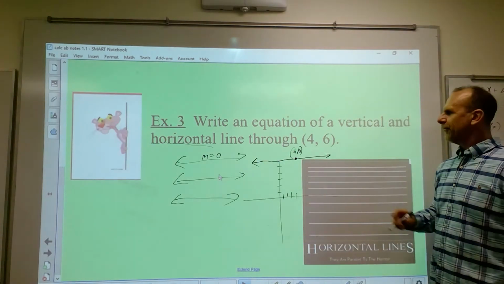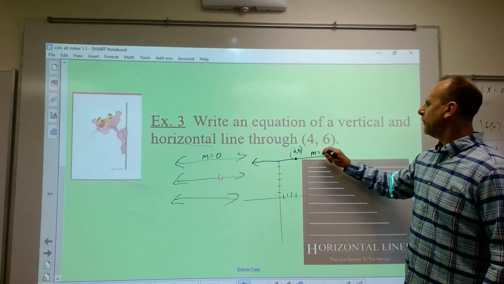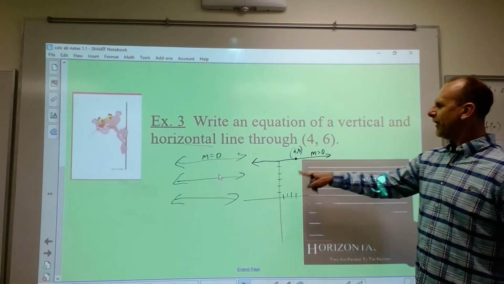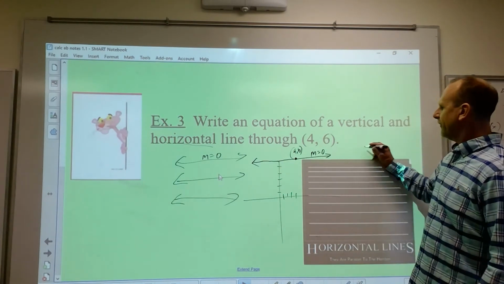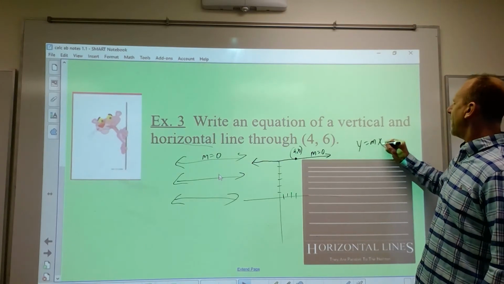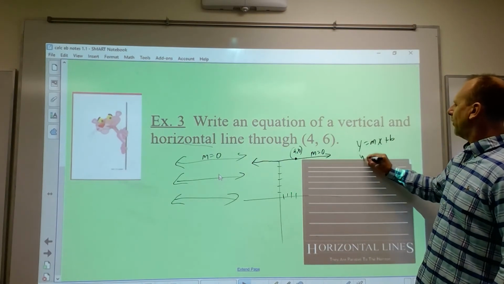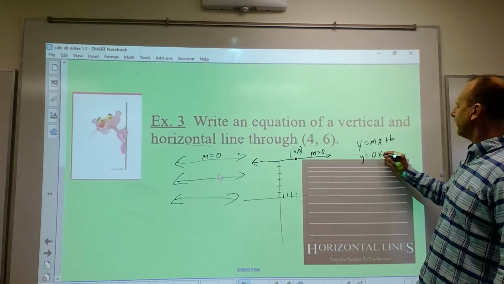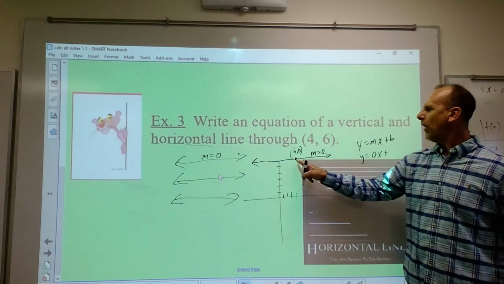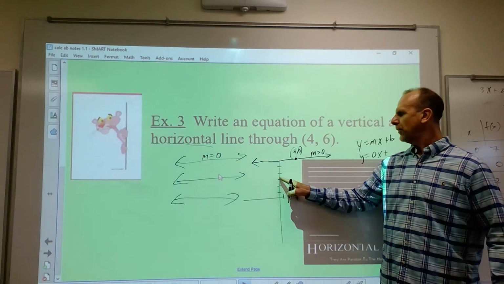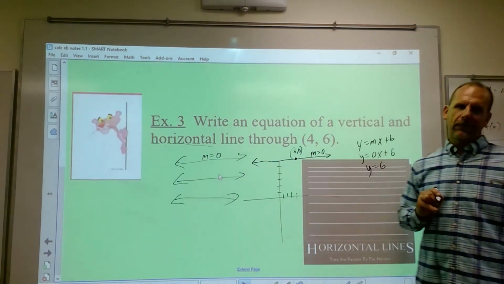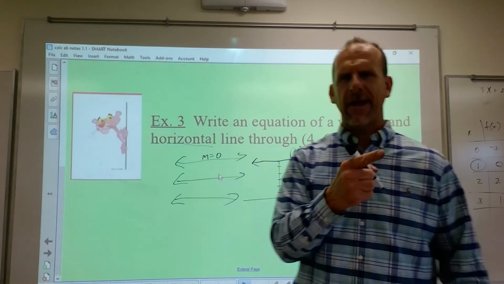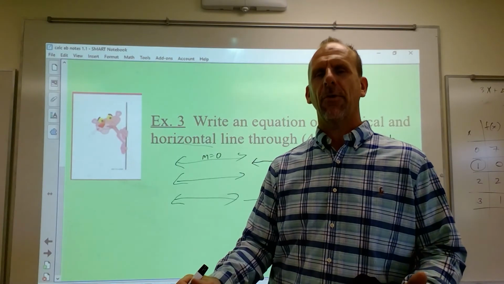Okay, slope is 0. M equals 0. Y-intercept, 1, 2, 3, 4, 5, 6. So y equals mx plus b. Slope is 0. Y equals 0x plus the y-intercept is 6. Y equals 6. Now, I did that for you one time. Let's not talk about this anymore because I'll tell you this.